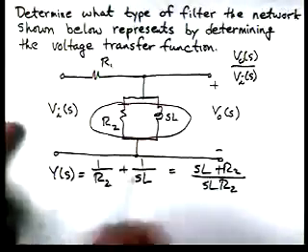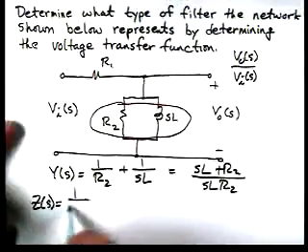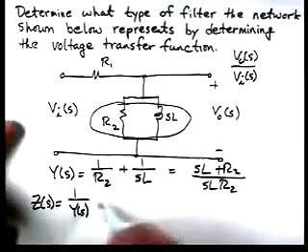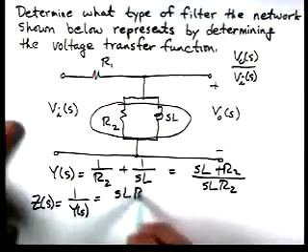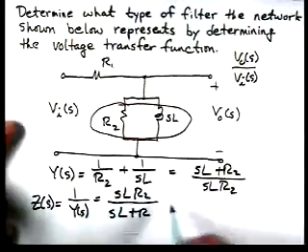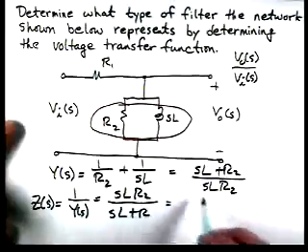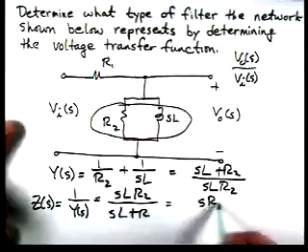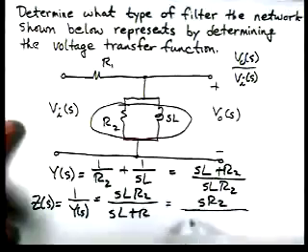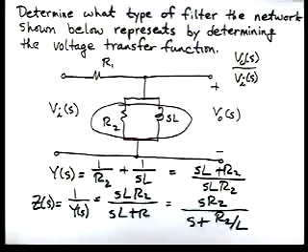And we really need to convert that to Z because we're going to be using voltage division. So we have SL R2 over SL plus R2. And if we factor out an L, this becomes SR2 over S plus R2 over L.